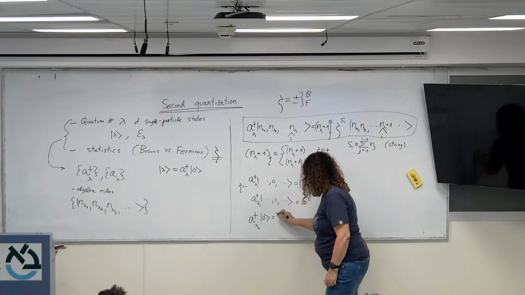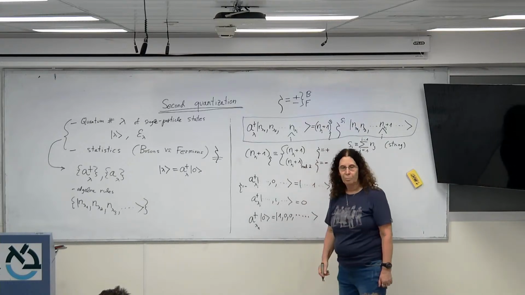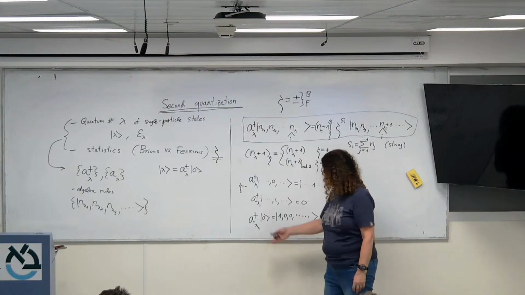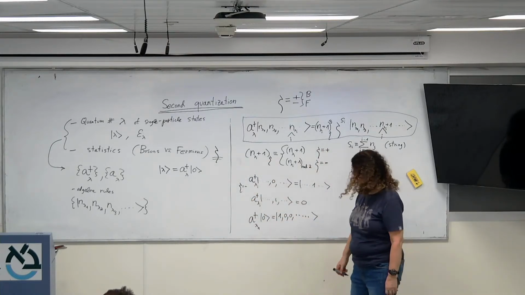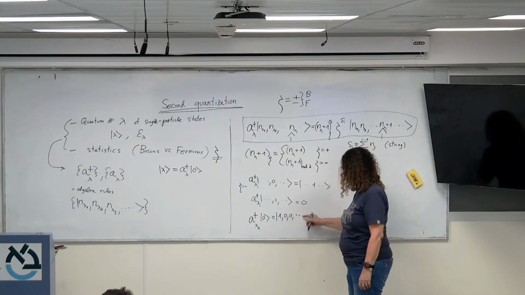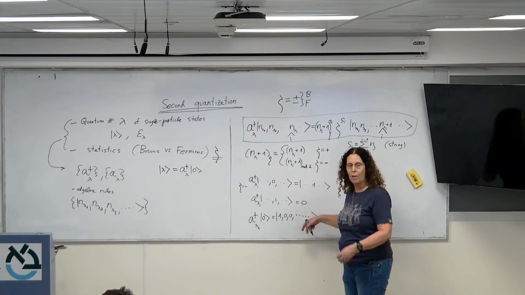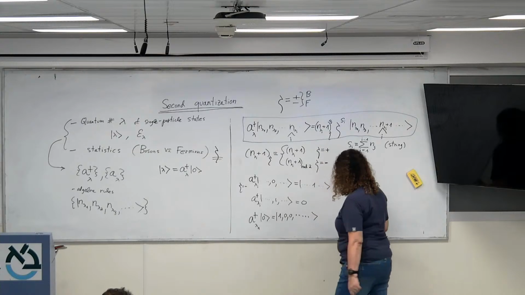This is going to be 1 and then 0, 0. Okay? Now we take, I don't know, a dagger of some lambda 17. What is it going to be? 1, 0, 0, 0, and then 1 in the seventeenth space. Okay?